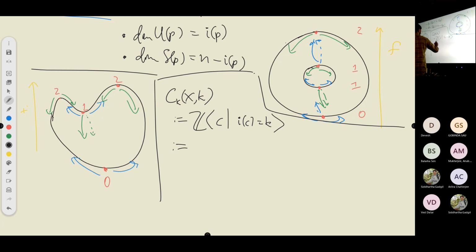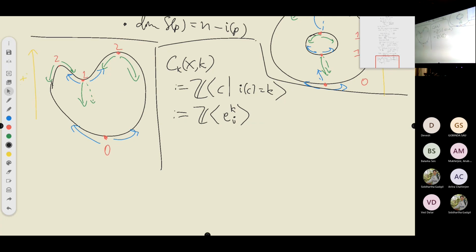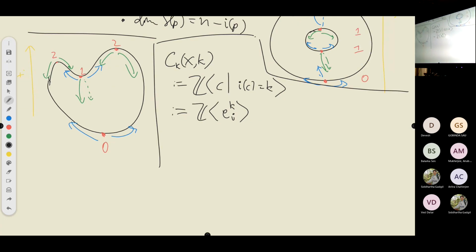So let me use the following notation. The superscript is supposed to denote the index, and i is just some indexing variable. Okay. So this is the chain complex that I want to define, and I need to tell you what the differential is.